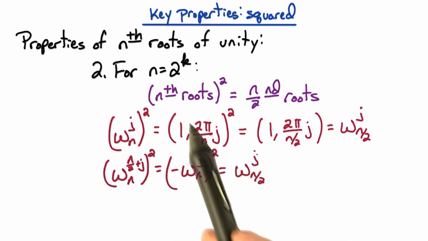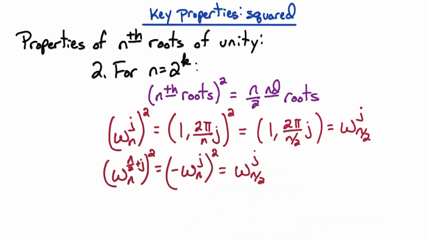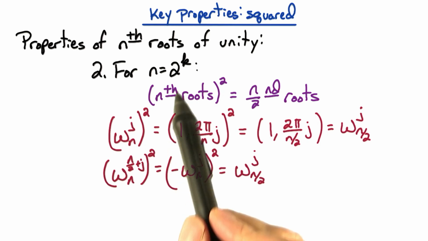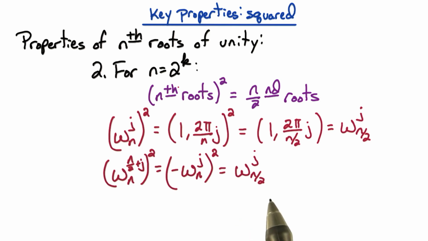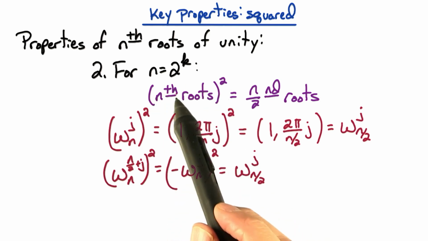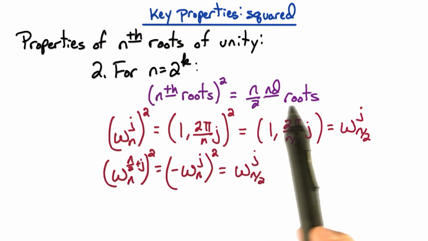So why do we need this property that the nth roots squared are the n over 2nd roots? Well, we're going to take this polynomial A of x and we want to evaluate it at the nth roots. Now these nth roots satisfy the plus minus property, so we can do a divide and conquer approach. But then what do we need? We need to evaluate A even and A odd at the square of these nth roots, which will be the n over 2nd roots.